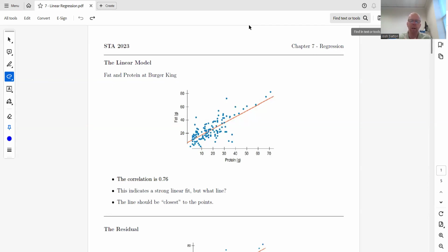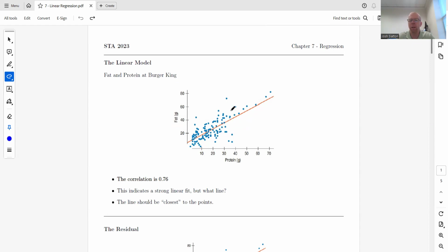If you look at different Burger King items, for every item you can get the protein amount and the fat content, and maybe there's some relationship with that. So we have a whole bunch of data points here, and if we think about what we talked about in the last chapter, there is a positive relationship.